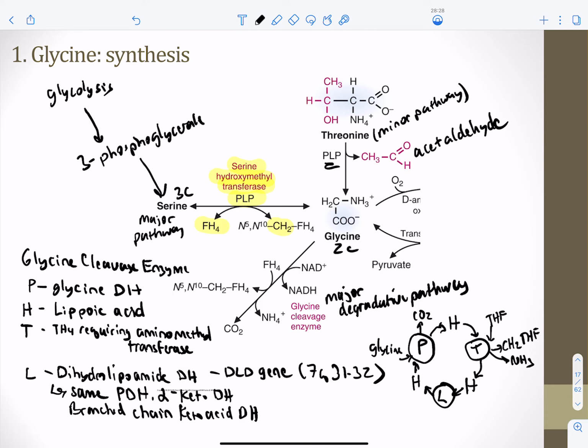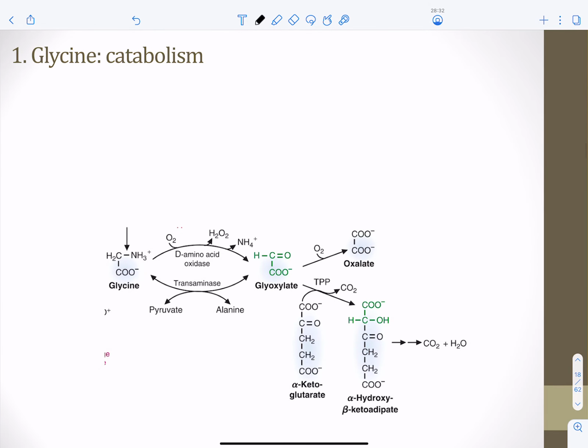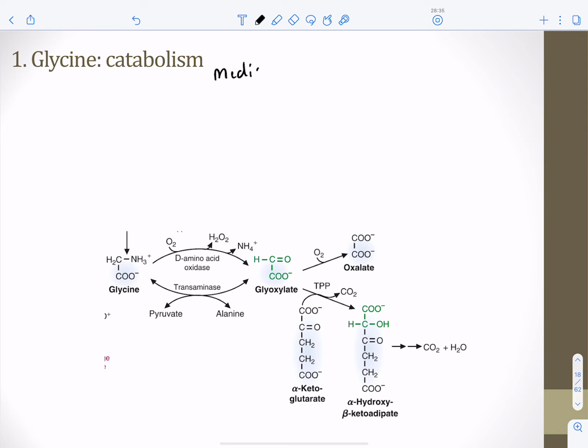Now there is another pathway for glycine catabolism, and this is medically important. This is through the formation of glyoxylate as an intermediate. Your glyoxylate can be oxidized to oxalate in the presence of oxygen, and this can form kidney stones.